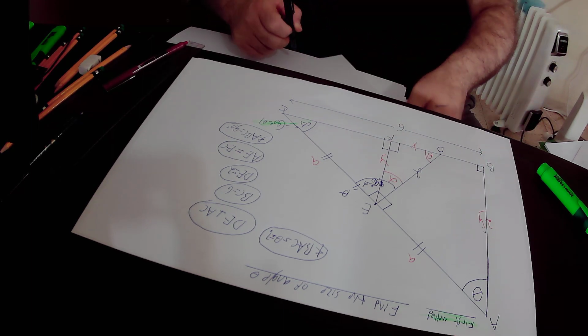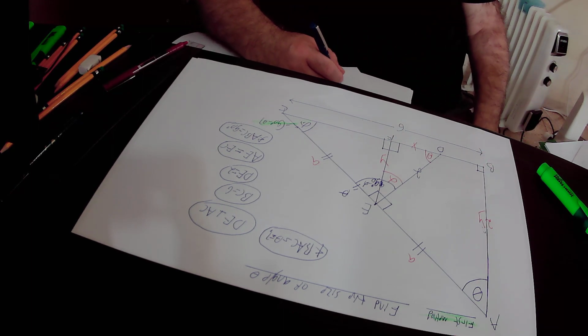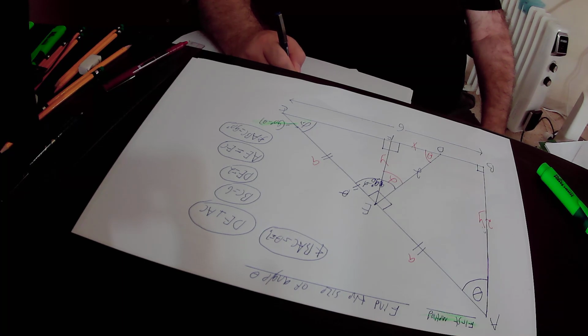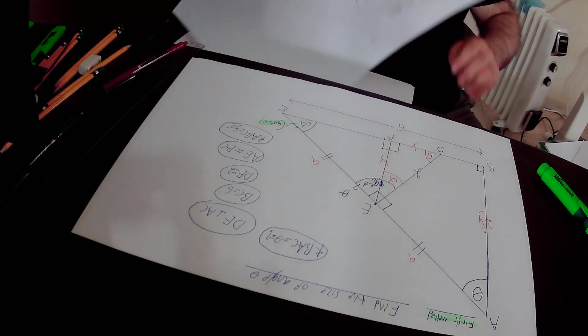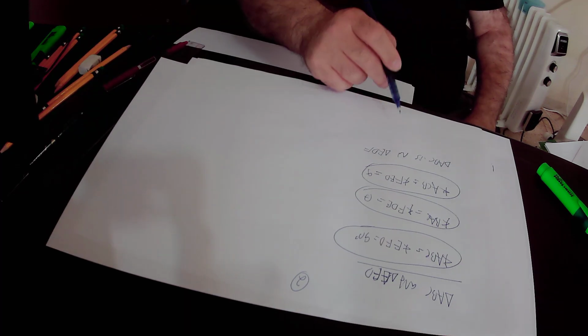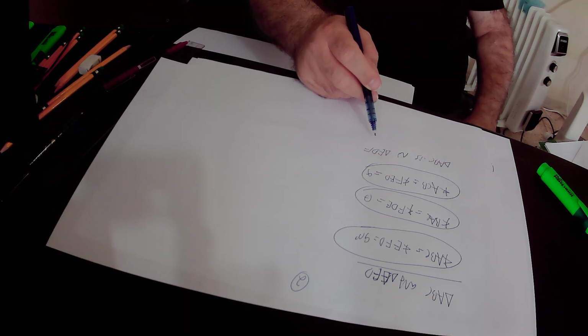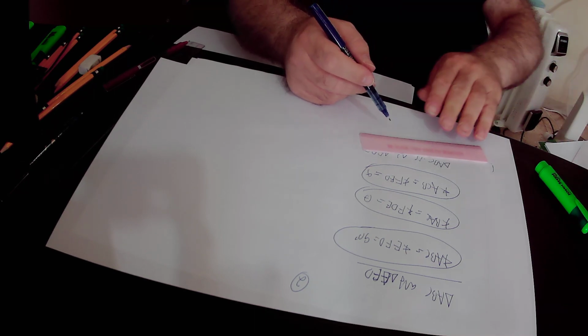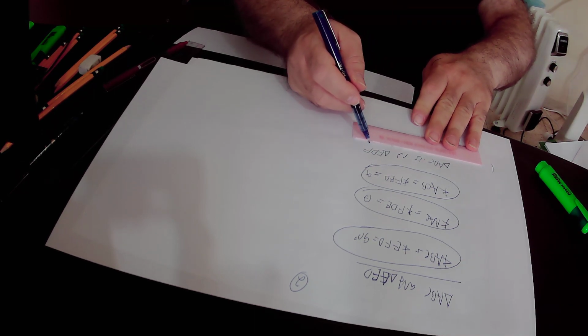Therefore, we proved that the right triangle ABC is similar to the right triangle EDF according to the angle similarity rule.